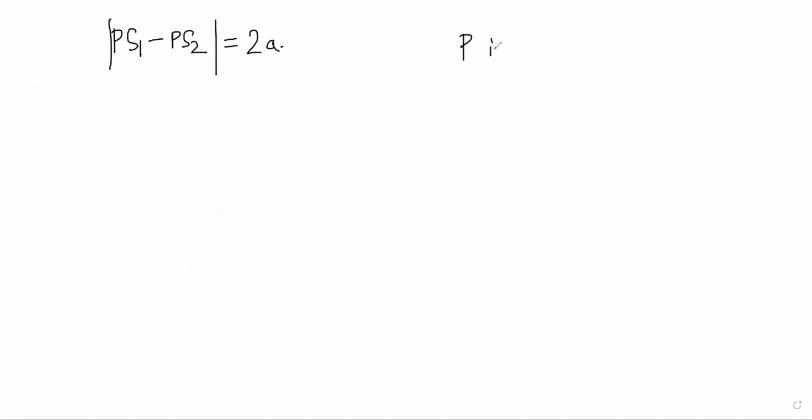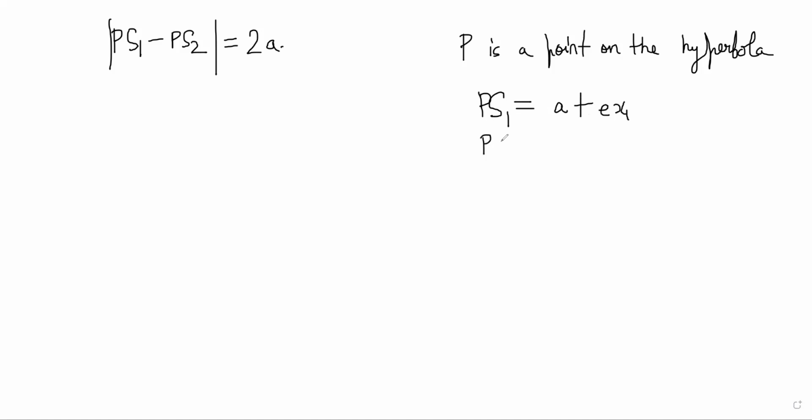So if P is a point on the hyperbola, P can be written as x1 comma y1. Your focal distance PS1 can be written as a plus e x1, and PS2 would be a minus e x1. So when you subtract, you get 2a.